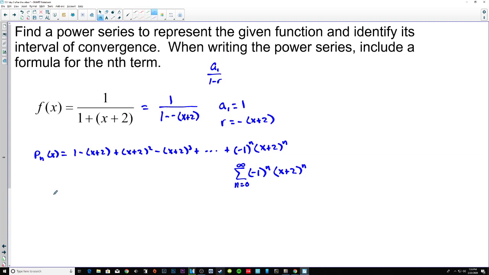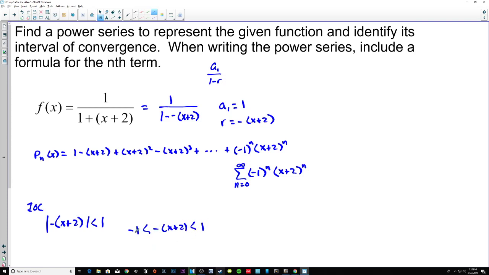Now let's identify its interval of convergence. What we know with a geometric series is that the absolute value of r has to be less than 1. So then we know that negative 1 is less than negative x plus 2 is less than 1.